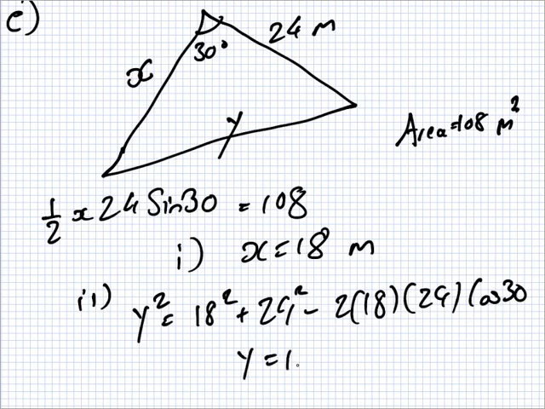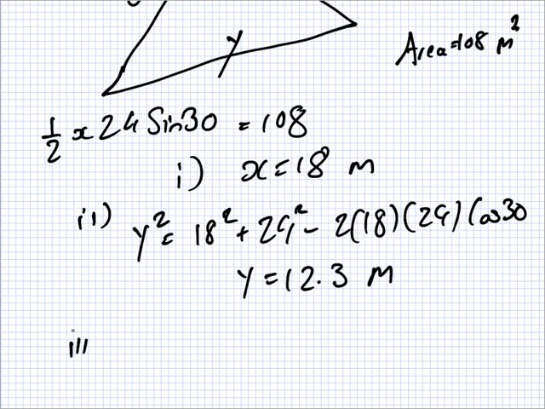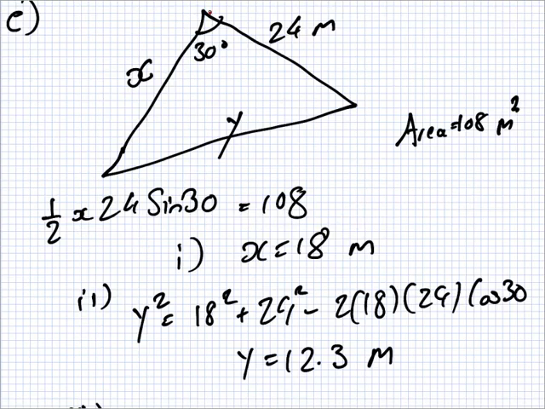So I got y is 12.3 meters. Is that right? Yes. And the next part is they want the shortest distance. So they want the distance from here, this one here.